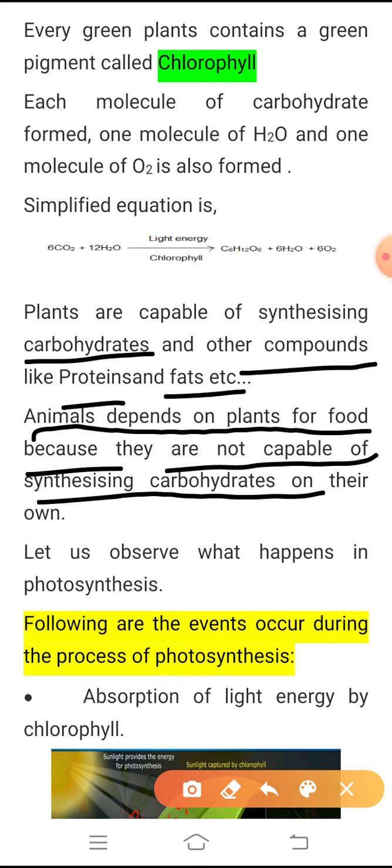Hence, all the animals depend directly or indirectly on plants for the carbohydrates. Okay, this is all about photosynthesis.